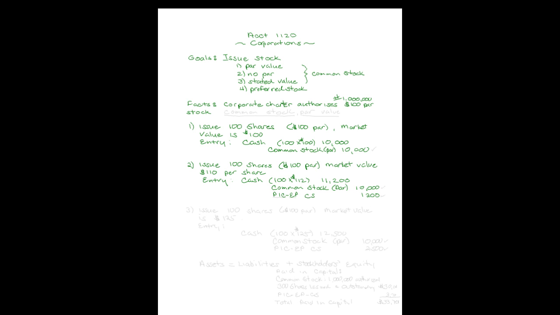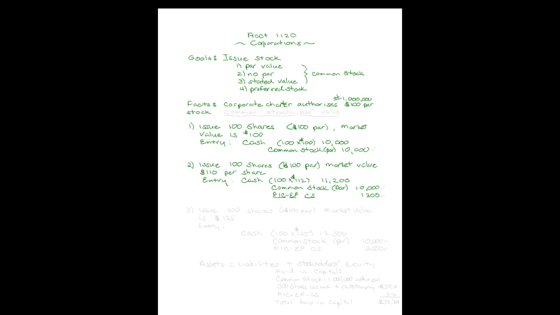All states have laws that deal with how things get paid out in the order of liquidation. And we have to be very careful to keep track of where our paid in capital came in. So in common stock, we put only par value in, and the difference goes in paid in capital, and it's identified as from excess of par, and it's identified that it came from common stock.